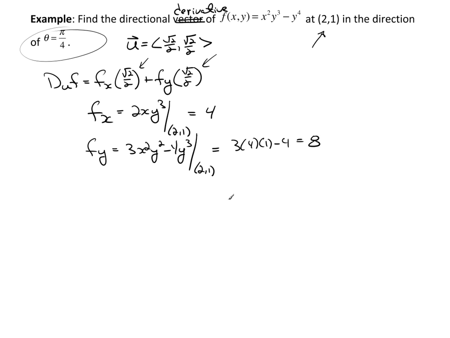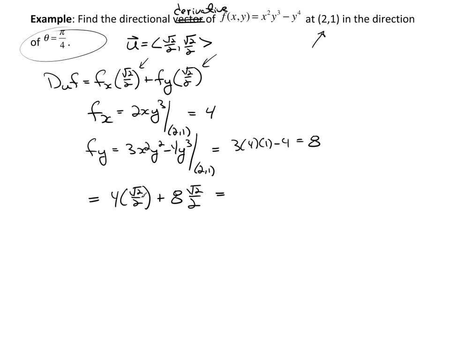So this directional derivative will actually be 4 times root 2 over 2 plus 8 times root 2 over 2, which is obviously 2 root 2 plus 4 root 2. So that's just going to be 6 root 2.